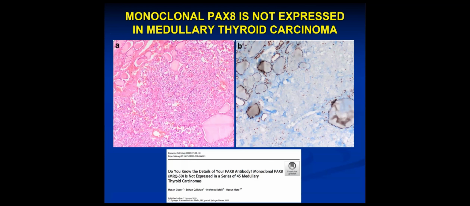For example, these two images show H&E staining and PAX8 staining. You can see this area shows medullary thyroid carcinoma in a background of normal thyroid tissue, and PAX8 is negative in the medullary thyroid carcinoma and highlights the background follicular cells.